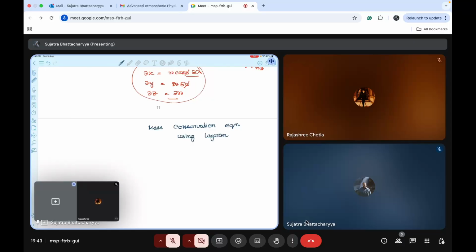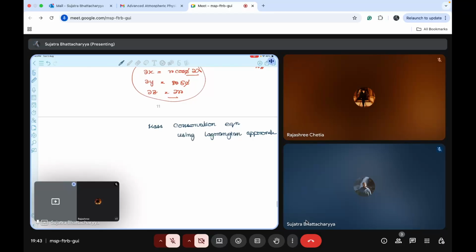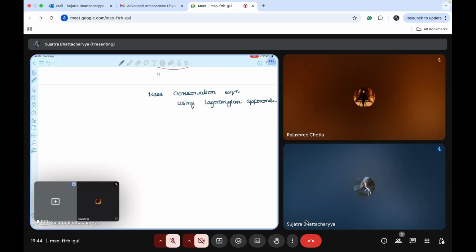Lagrangian approach means you are tracing the thing, so how the mass is changing with time. You just do d/dt of this. You are not writing it as local change plus advective changes. You will understand, it's easy. Mass conservation: the major theory is that mass can't be created nor destroyed.